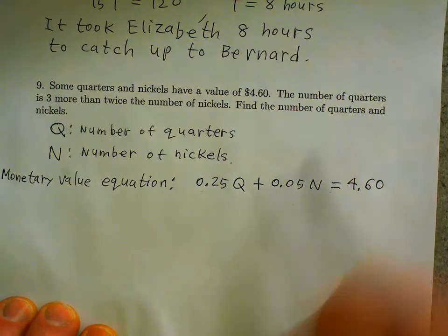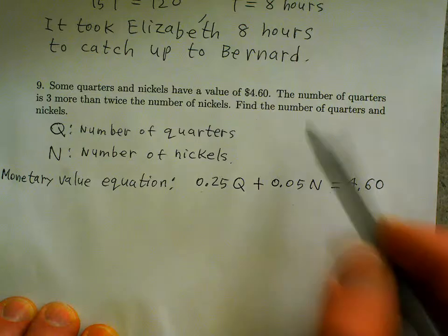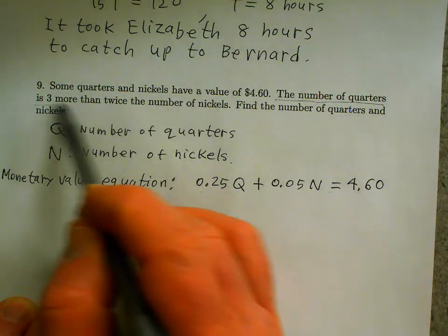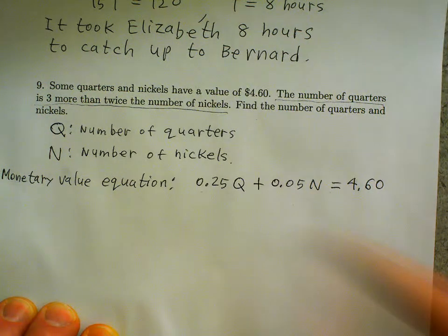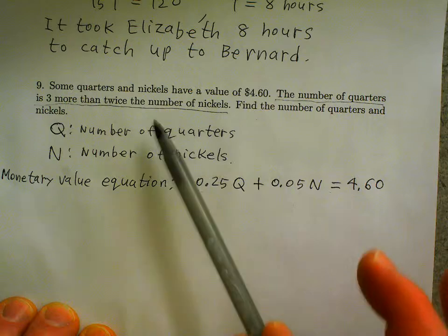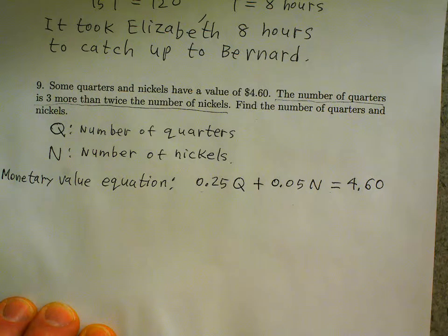Okay, now to get the other equation, we're going to use the second sentence. The second sentence doesn't refer to the monetary value. It just gives us information about the number of quarters and how it relates to the number of nickels.